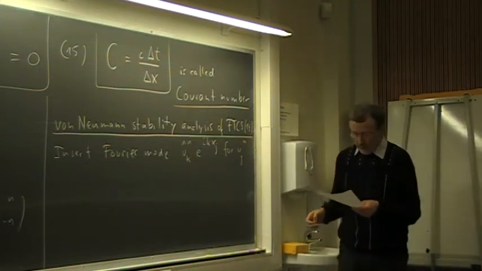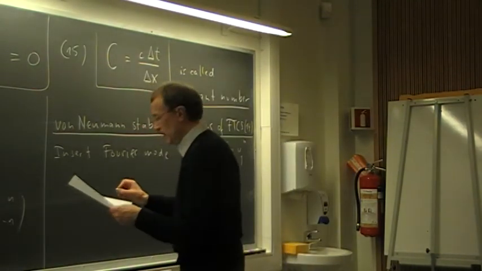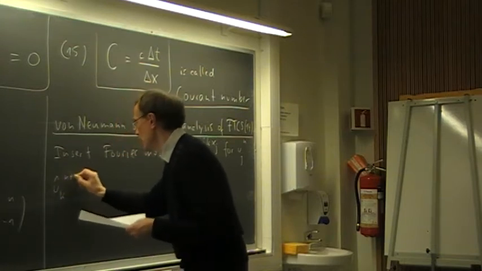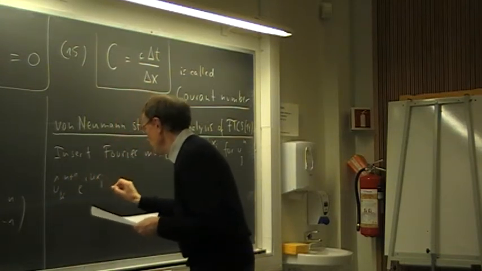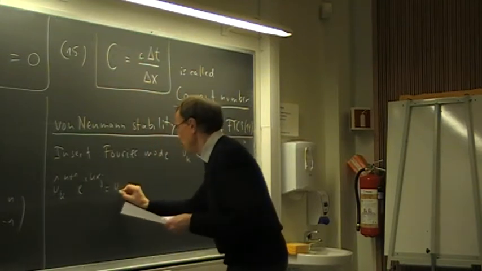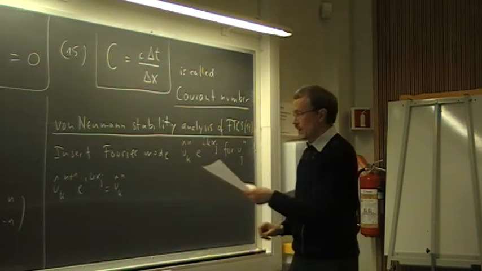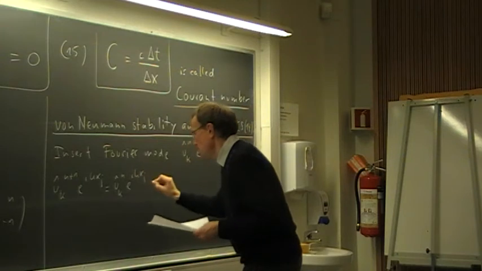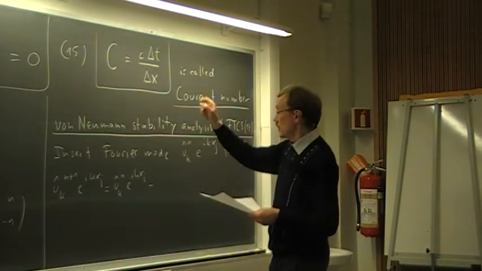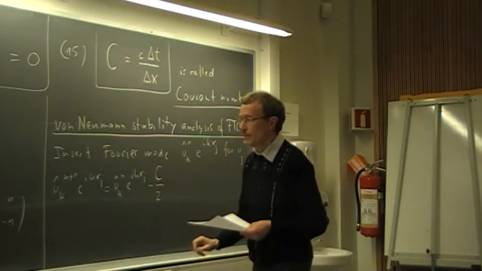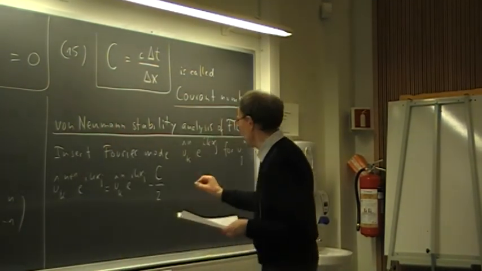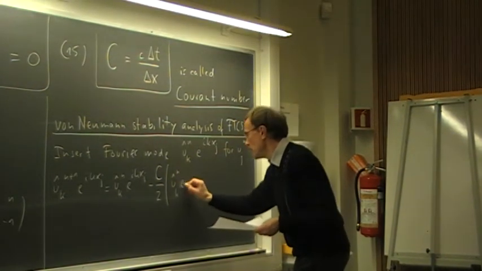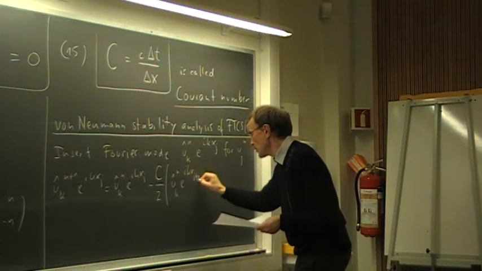And if we do that in 14, then we have u hat k n plus 1 e to the I k xj is equal to u hat k n, these are the amplitudes, and e to the I k xj minus, now we can use the Courant number, this is c half then, the next one, this is u hat k n times e to the I k xj plus 1.